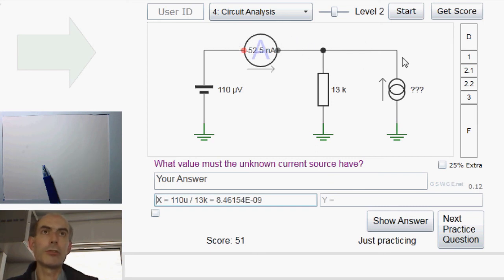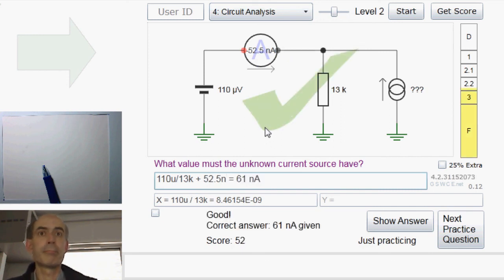So, looking at this node here, the total current flowing in is unknown, but must be equal to the total current flowing out. And the total current flowing out is 110 microvolts divided by 13K, which is flowing down here, plus 52.5 nanoamps, rather, which is flowing through this ammeter. That's it. Most of the level 2 ones are about that difficulty.